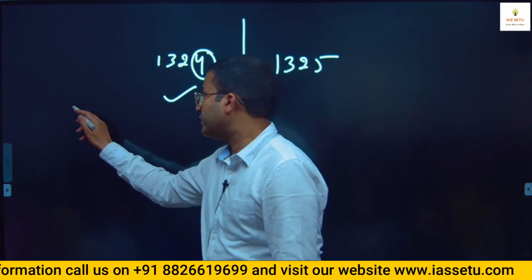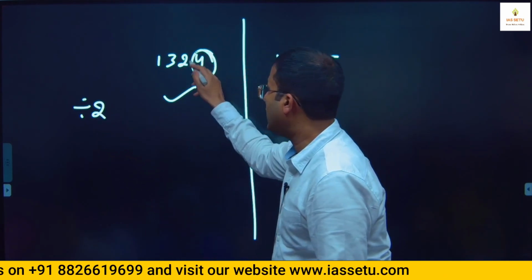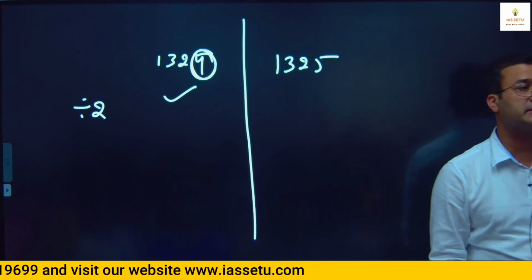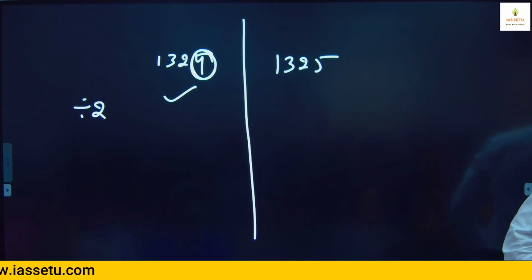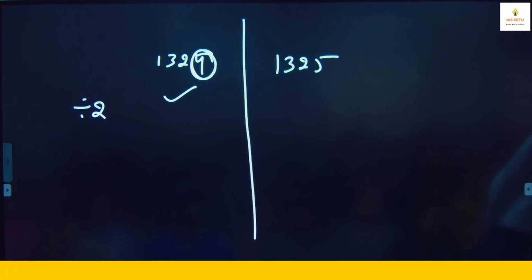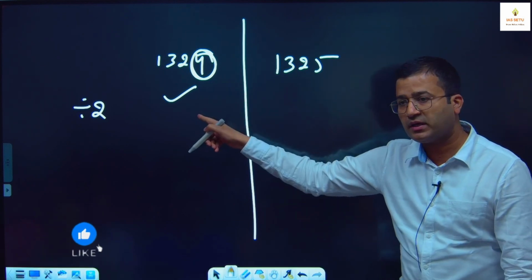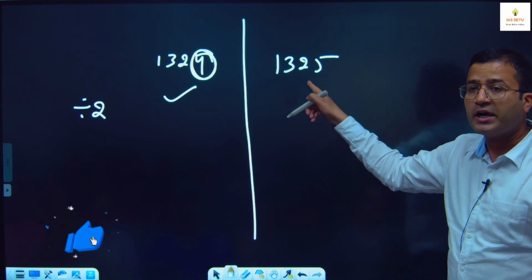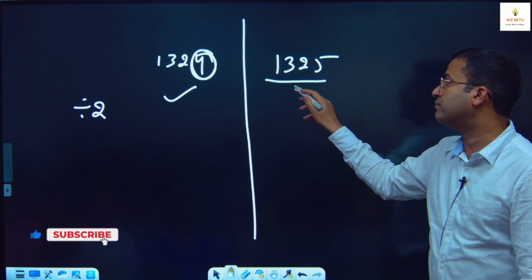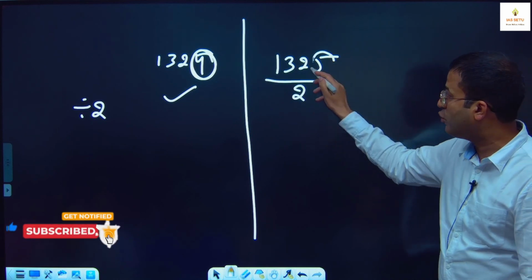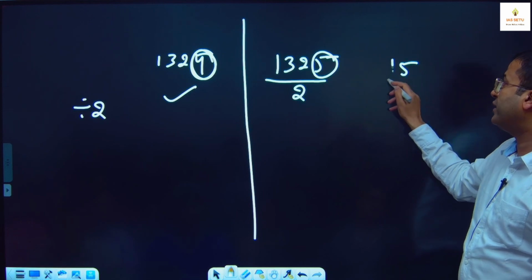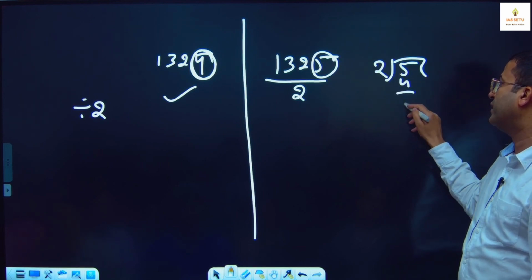In case of divisibility of 2, only the last digit or unit place digit is sufficient to tell you whether the number is divisible. If not, what is the remainder? Like here it is divisible, this is not divisible, and if you have to check what the remainder is when we divide this number by 2, don't check the complete number, check only 5. When you divide 5 by 2, our remainder is 1.